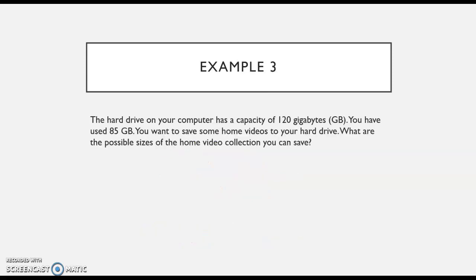All right, and then we have a word problem. The hard drive on your computer has a capacity of 120 gigabytes, which basically means we can't go beyond that. You have used 85 gigabytes, and you want to save some home videos on your hard drive. What are your possible sizes of home videos you can save?